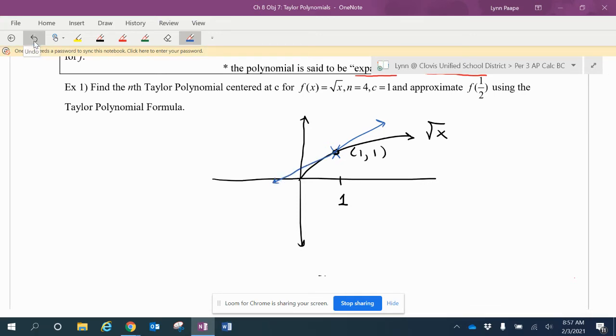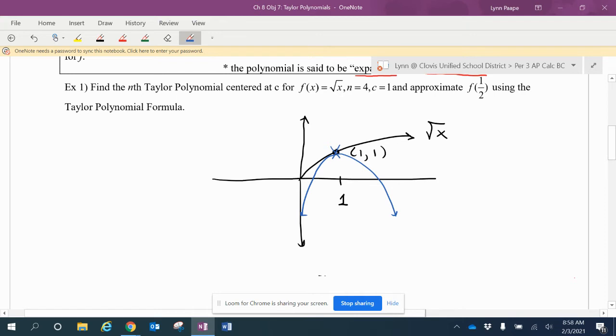And I'm hoping your answer is no, Mrs. Pape, that would be horrible. So we wouldn't use a line, but could we use maybe a negative quadratic? Like maybe we could find a quadratic that was not too shabby. So that's what we're looking for: we start at a common point and we start developing a polynomial around that common point, that anchor point, that center, that will give us an approximation.